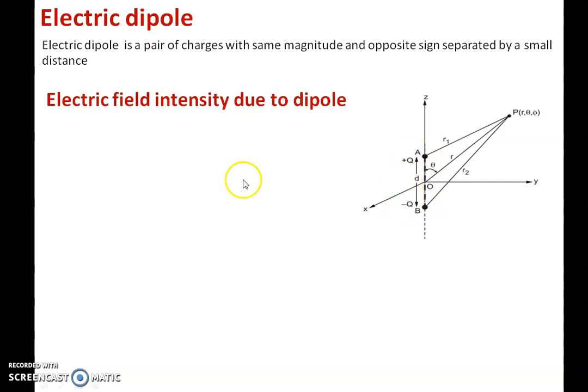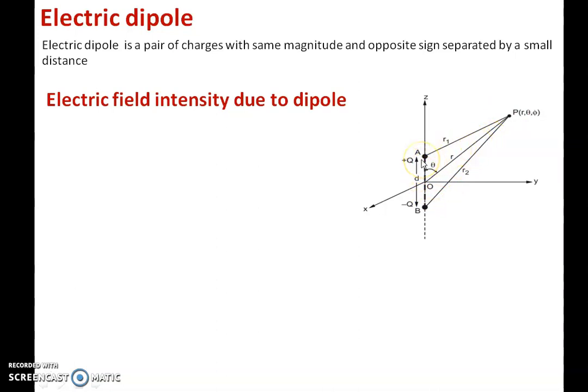Now we will derive the expression for electric field intensity due to an electric dipole. What is the electric field intensity produced from an electric dipole? I will consider a point P, represented in a spherical coordinate system with r, theta, phi as its spherical coordinates, at a distance of r from the origin.